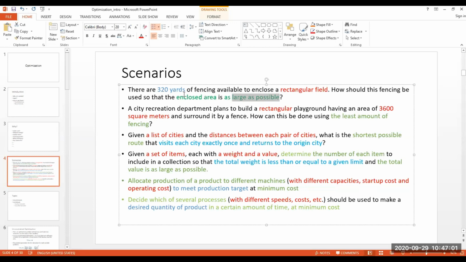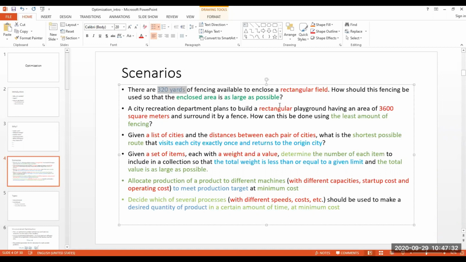What are your constraints? Anyone? What could be your possible constraints? I have talked about the objective function or optimization function. The optimization target is that you have to enlarge the area as much as possible, so this is a maximization issue. Now, whether it is a constrained problem or an unconstrained problem, you have to look at the statement again. What about this 320 yards?